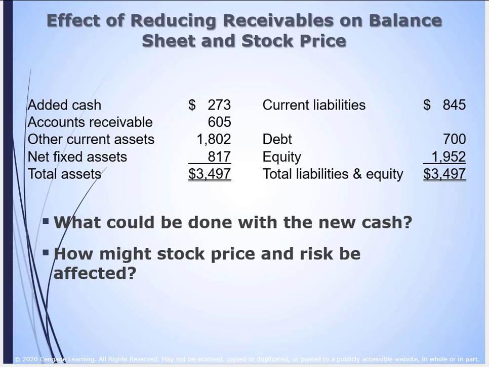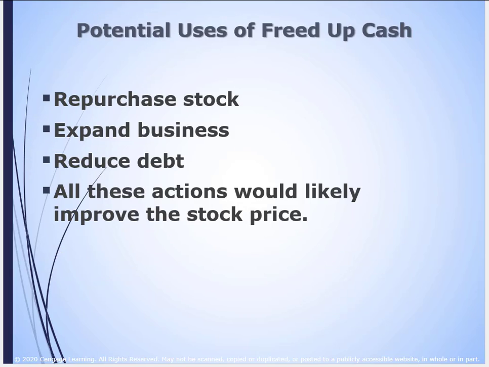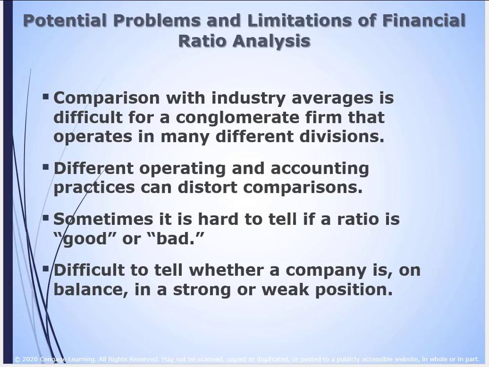So once we think about making a change, we have to think about what that change does to the rest of the company. How is it going to filter through in the financial statements? And again, here, we can rebuy stock, expand the business, reduce debt. All of those could improve the stock price.